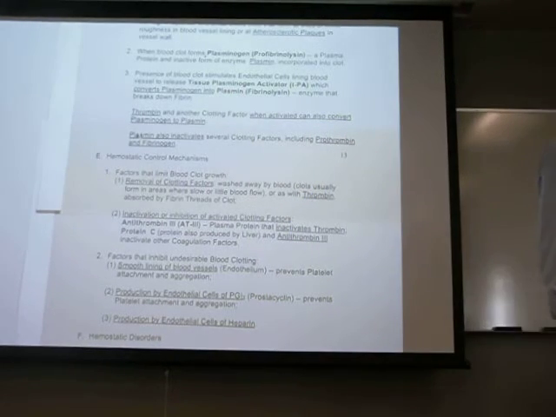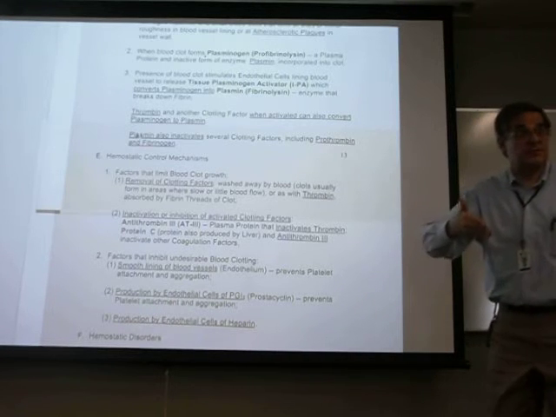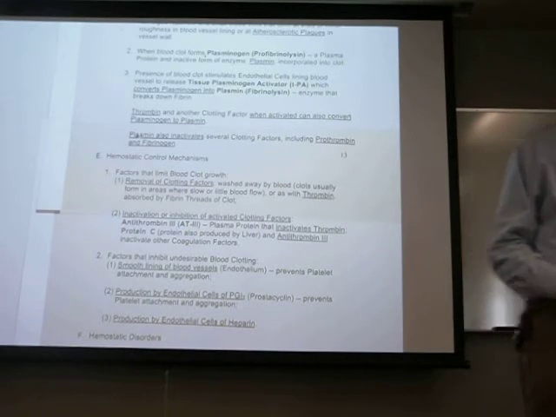So we have cells in the body that actually secrete heparin: cells lining the blood vessels, endothelial cells, and also cells called mast cells, which we will talk about later. Mast cells are actually involved in the immune system. Very similar to basophils, but they're not in the blood, they're outside the blood. They too, like basophils, produce heparin. Basophils produce heparin, mast cells produce heparin, endothelial cells produce heparin, an anticoagulant.